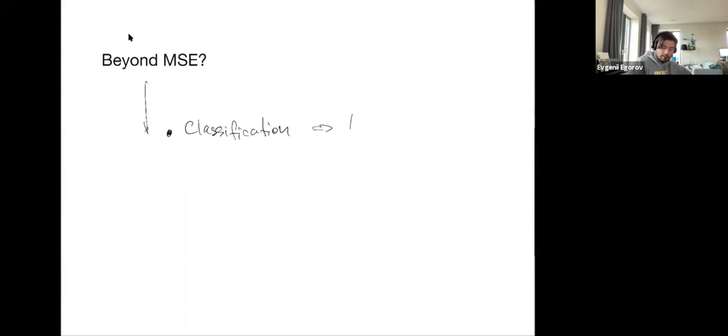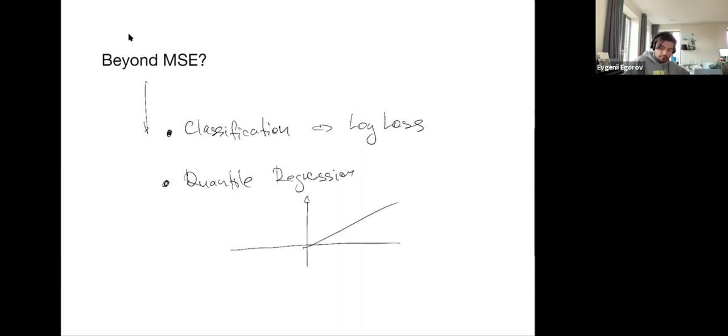And this means that we need to deal with log loss. But we could also imagine some other problems. For example, we could have quantile regression, where we put some asymmetric loss, something like this. So let's call this F.